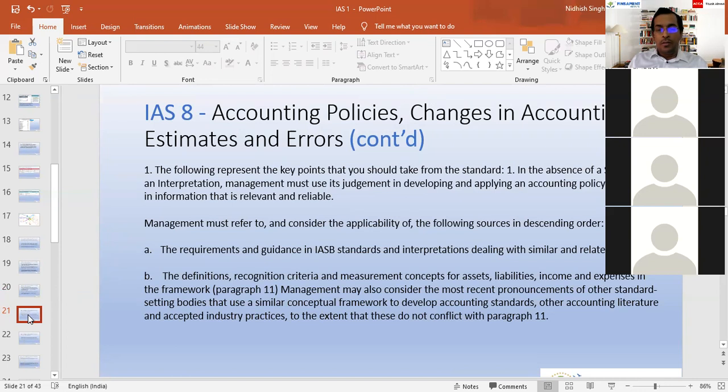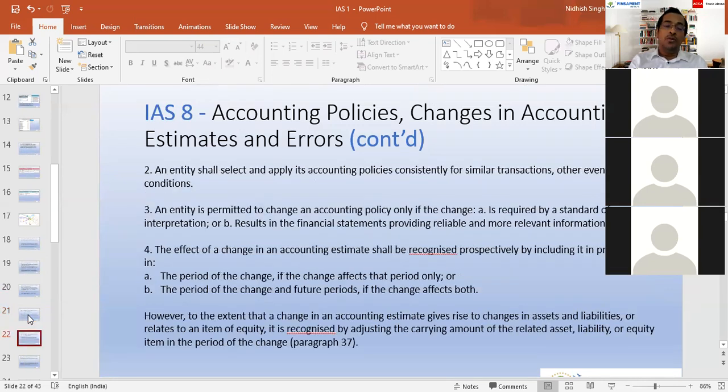If there's no framework, or maybe if the framework is also hard to apply or does not provide the required guidance, then you can also consider other accounting pronouncements or the standards from similar bodies that we have discussed. So there are like two or three options that you can use effectively: a particular IFRS or framework, or lastly, other accounting bodies' standards like UK GAAP, US GAAP, etc.